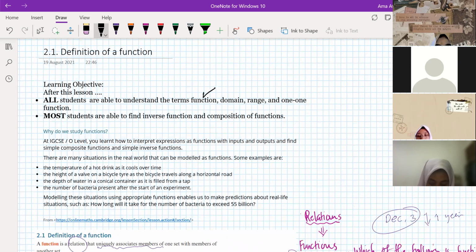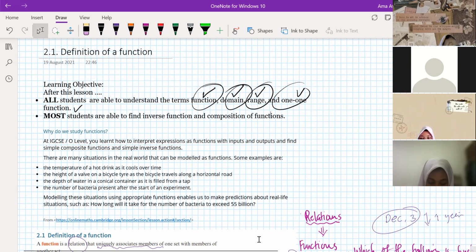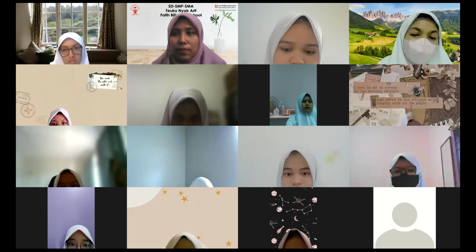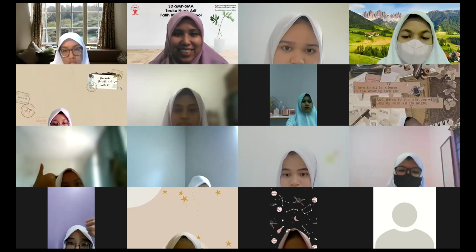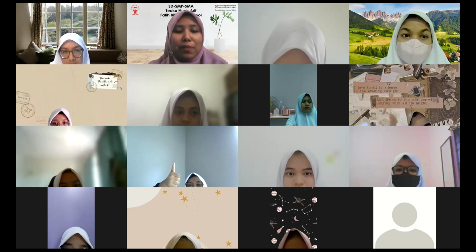I believe now you know which one is a function, which one is not a function, how to test a function for graphs, and then the domain, the range, and one-to-one functions. Students, can you give me a thumbs up if you know function, domain, range, and one-to-one function? Give me a thumbs up, I will screenshot it.